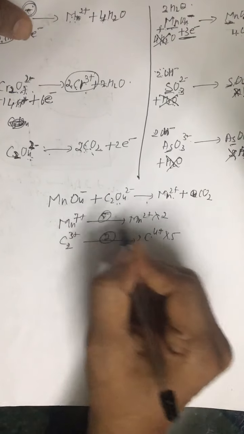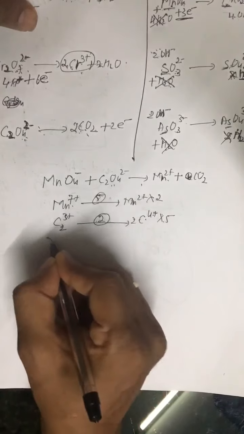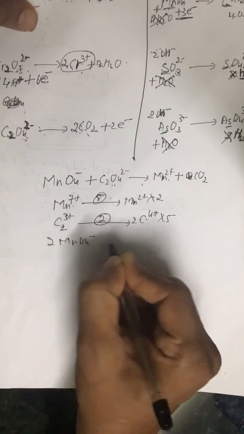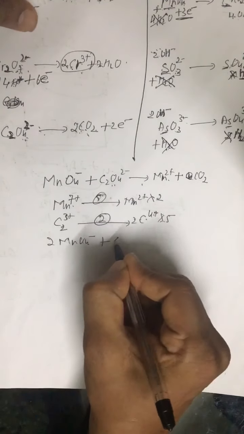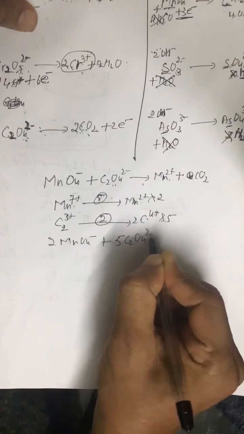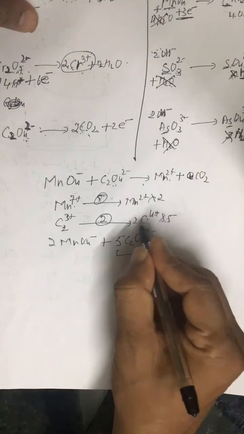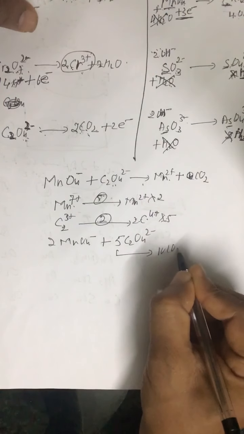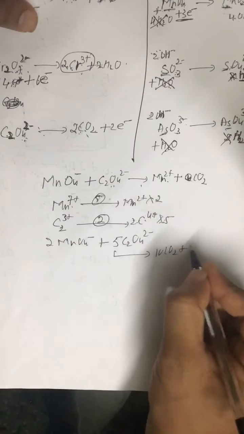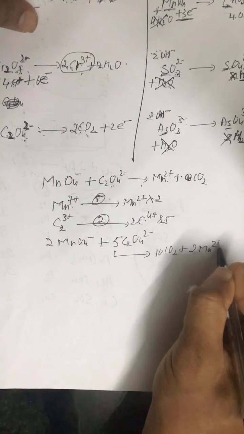So now we can write twice of MnO4 negative, all right, plus 5 of C2O4 2 negative, that gives 5 into 2, 10 of CO2, all right, and twice of Mn2 positive.